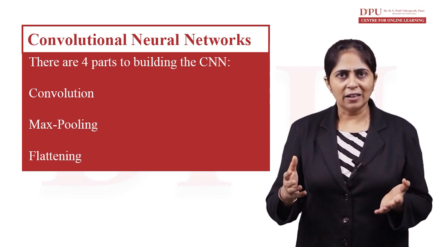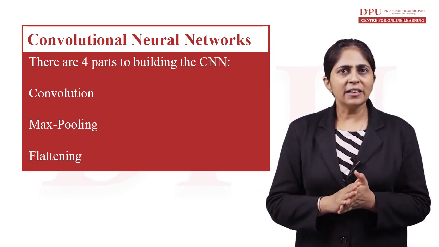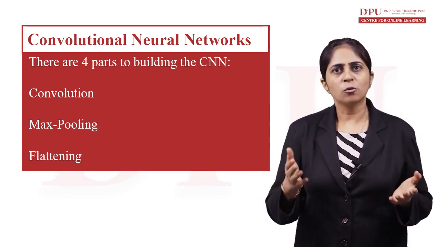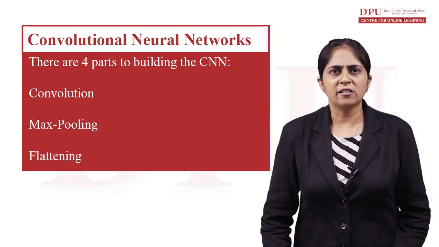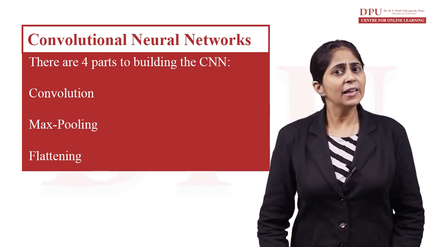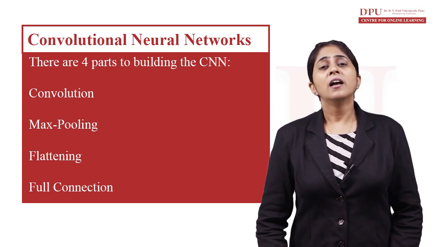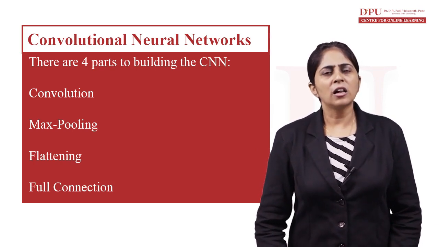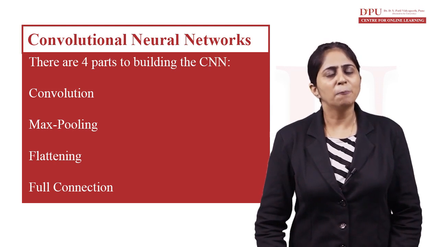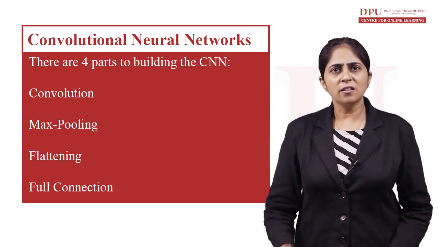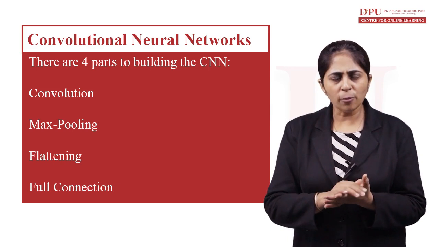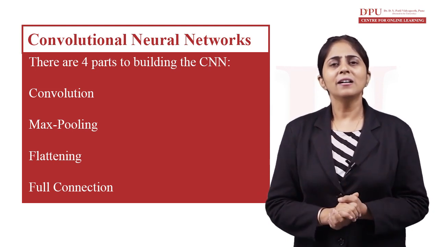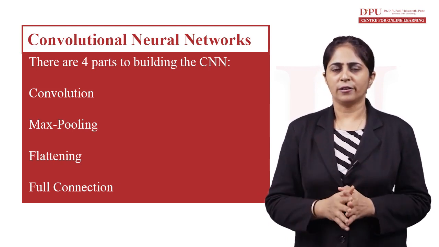Next is flattening. Flattening the data into an array so that the CNN can read it. Next is full connection. The hidden layer, which also calculates the loss function for our model. So these are the 4 parts to build the convolutional neural network.